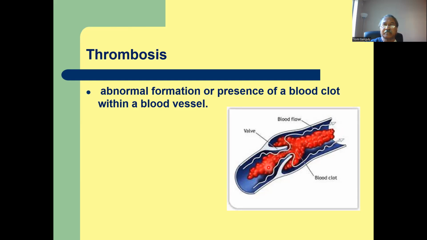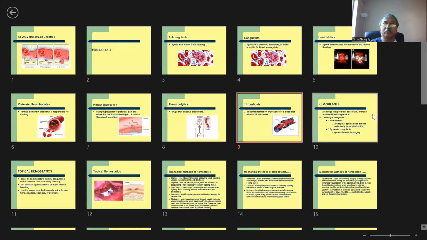And this area where the blood clot is sitting and forming, blocking the passage, this process is called thrombosis. It is the formation of a blood clot within a blood vessel when there is no cut there. It just happens inside spontaneously, because this person is prone to form clots due to many different disease conditions. One of them is diabetes, where the platelets are always forming blood clots inside. Thrombosis is the formation of a blood clot.